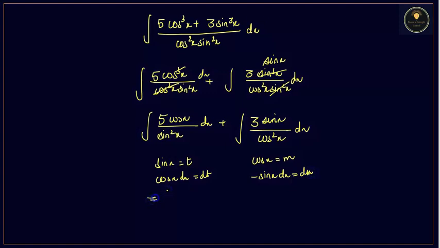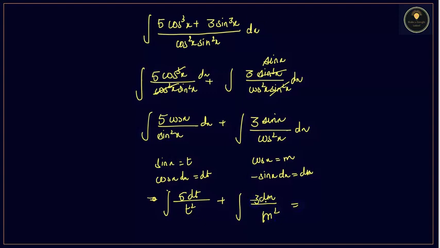So you will get the integration of 5 into dt, and sin x can be written as t², plus from here you will get sin x dx equal to minus dm, and cos²x can be written as m².